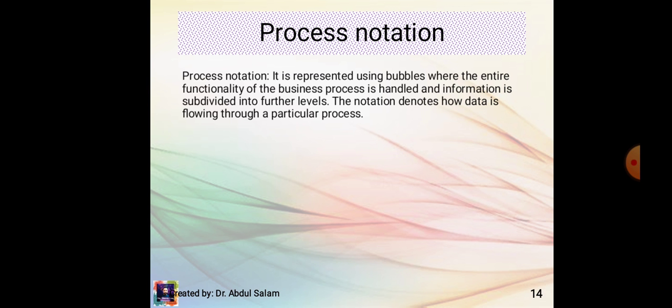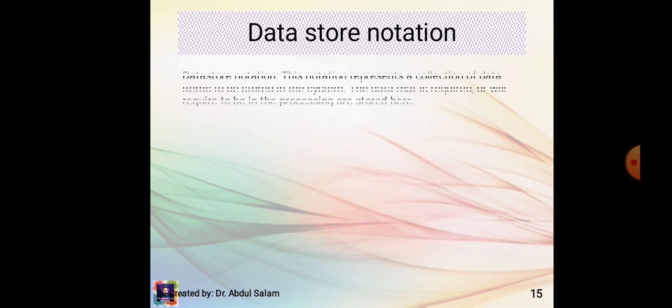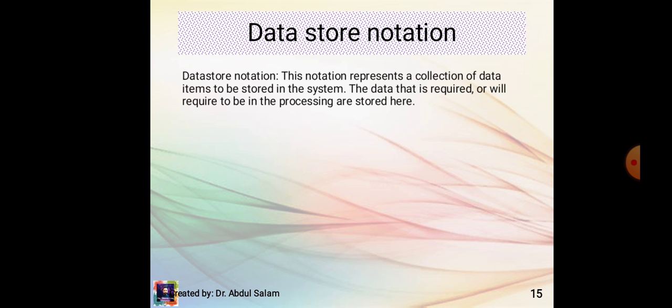Process notation. It is represented using bubbles where the entire functionality of the business process is handled and information is subdivided into further levels. The notation denotes how data is flowing through a particular process. Data store notation. This notation represents a collection of data items to be stored in the system.